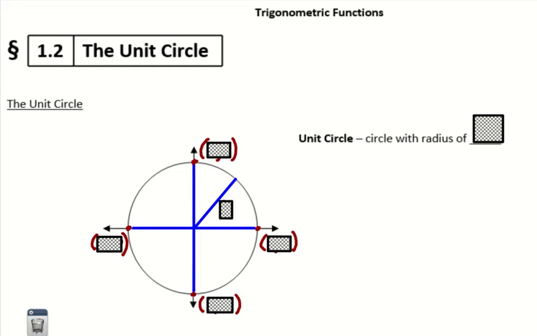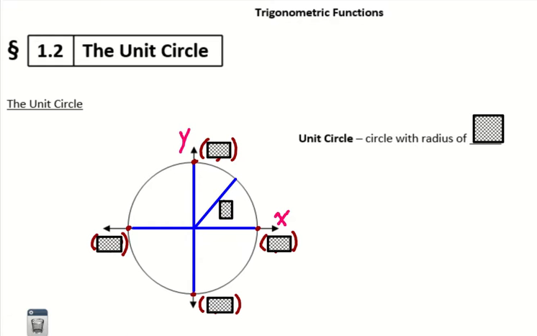Okay, section 1.2 is called the unit circle. Let's dive right in. So, the unit circle, what is it? Well, it's a circle, of course, that we're going to think of as being drawn on the xy plane, so centered on the xy plane.